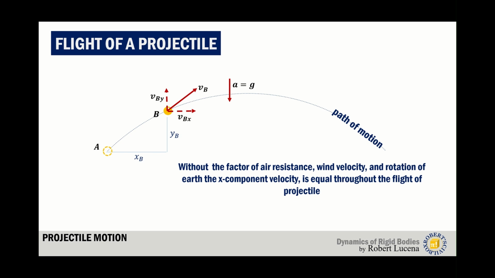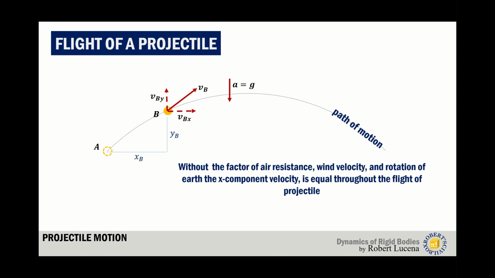For example, at point B, we analyze the velocity of the particle into its rectangular components. We have VBX and VBY. VBX represents the velocity along x, and VBY represents the velocity along y.